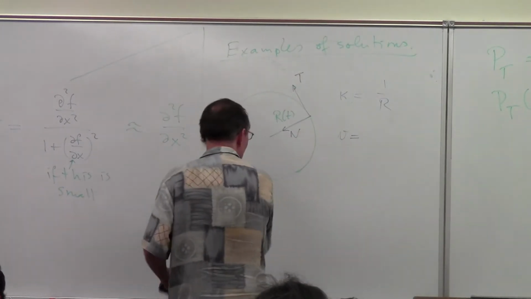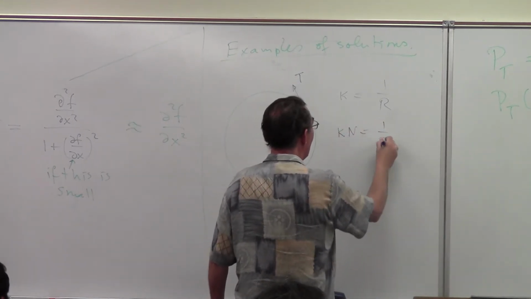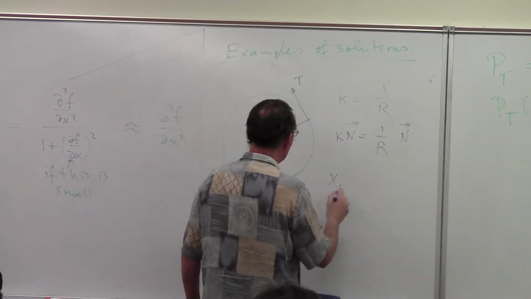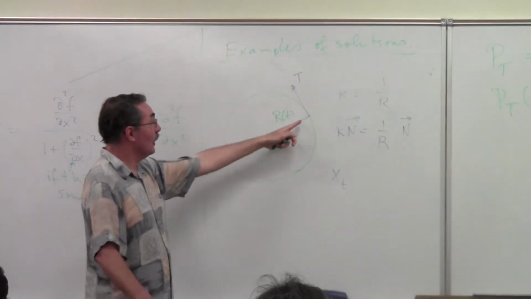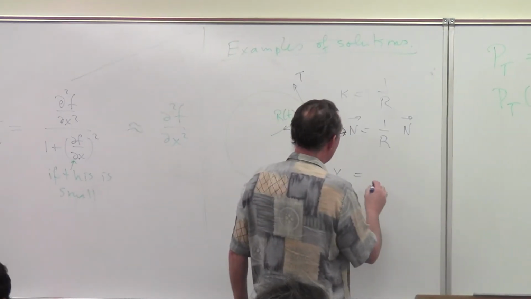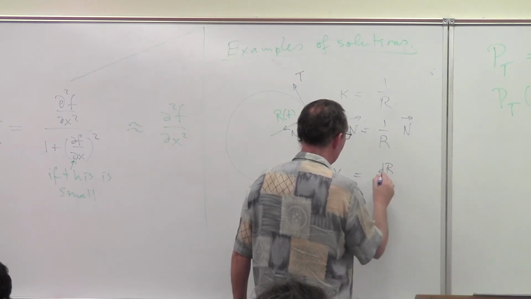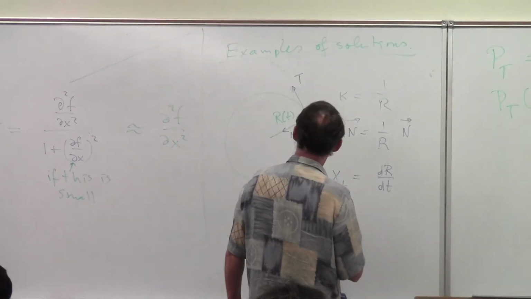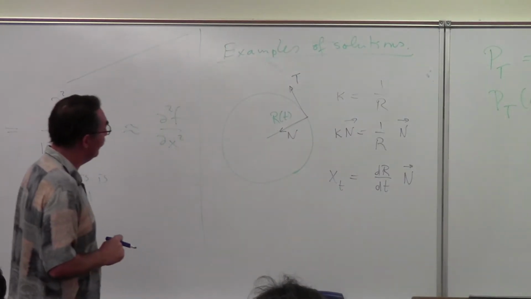So if the curvature is 1 over r, then the curvature times the normal is 1 over r times the normal vector. And dx/dt, if I parameterize this by the angle at all times, then dx/dt will actually be a radial vector. So it's going to be dr/dt times the unit normal. And there is something wrong here.